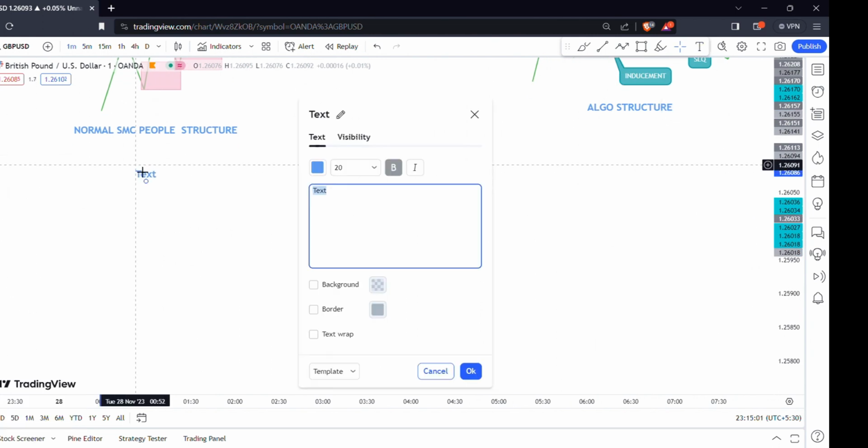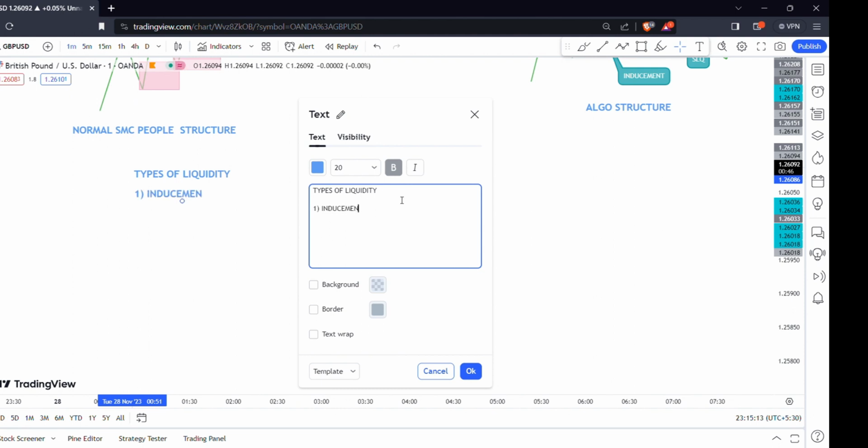Now, I want to talk about the types of liquidity. First thing, inducement liquidity. Second thing, structural liquidity.